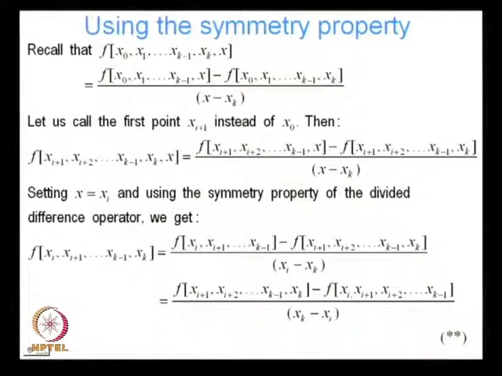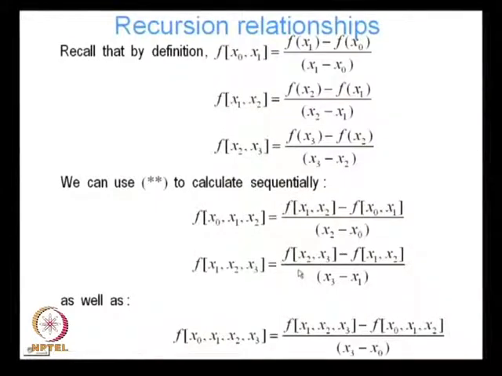How am I going to get that? So that will be f of x1 x2 minus f of x2 x3 divided by x1 minus x3, or x3 minus x1. So that is exactly what I am going to get.